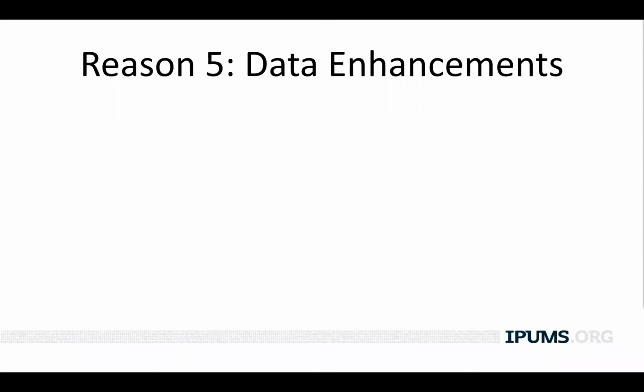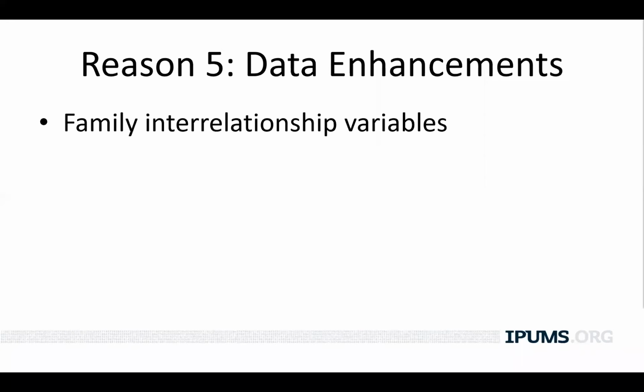Reason 5, data enhancements. These are some special things that IPUMS does to try and make the data even more powerful and even easier to use. For example, family interrelationship variables. People often report how they're related to a single reference person in a household. If you're a household that has 2 parents and their 2 children, these aren't very useful. That's easy for you as a data user to infer. But let's say you have a more complex household.